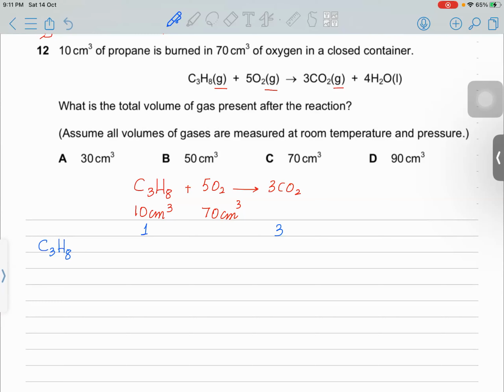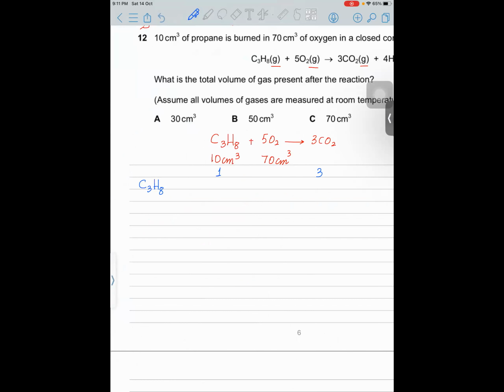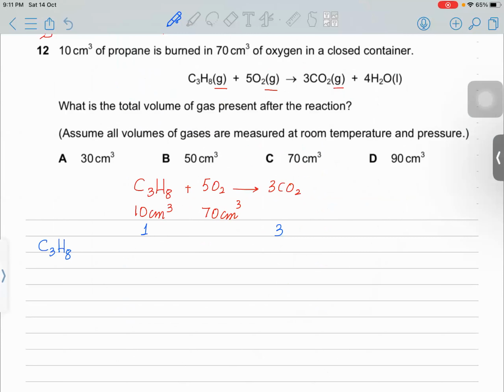Sir, why is there a 1 is to 3 ratio? Because you can see here you have 1, here you have 3. So the ratio is 1:3.